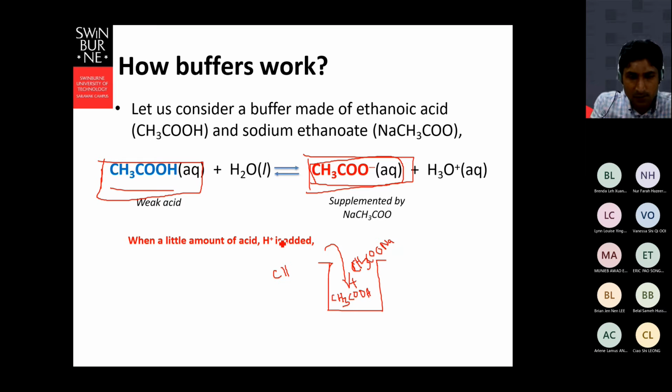Automatically means they will produce a buffer solution, but of course we cannot control it or it is not desired.